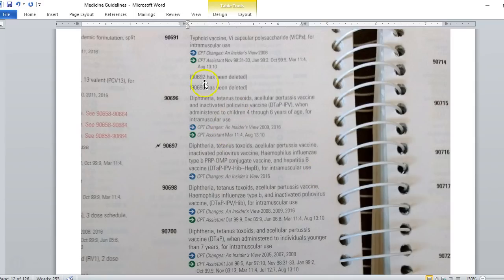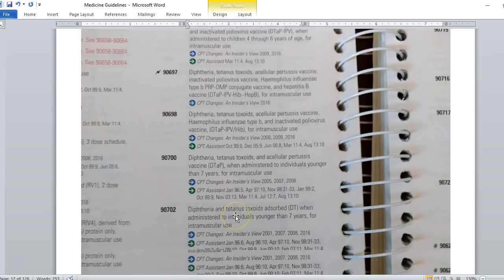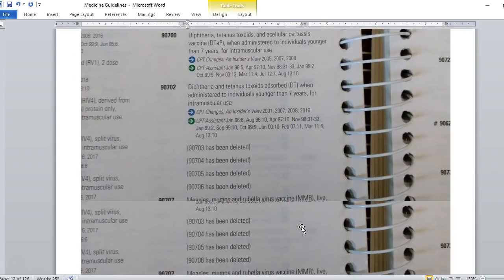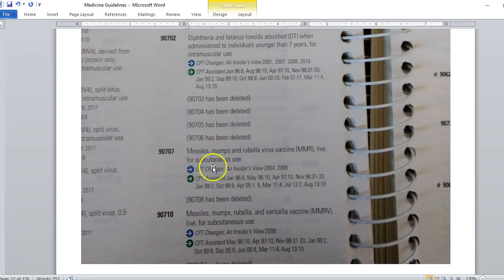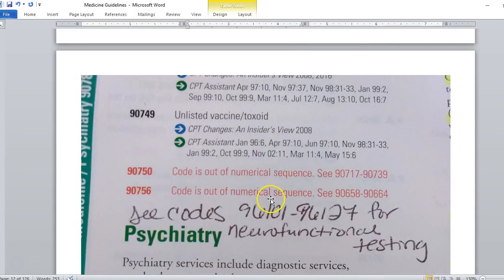So again, what is inside that vial? What are we giving? And again, matching up whether or not there's counseling if it's for a child, or route of administration if it's an adult. And you'll see that most of these are intramuscular or subcutaneous.